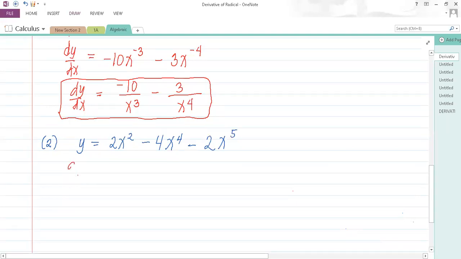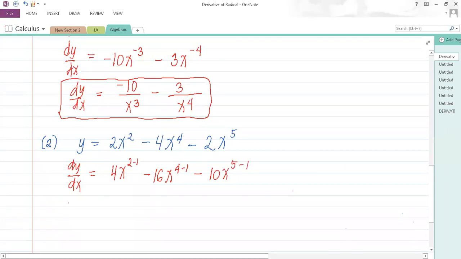So dy dx is equal to, this is 2 times 2, diba? 2 times 2 is 4. So 4x raised to 2 minus 1. Okay, so minus 4 times 4, that is 16. Okay, so x raised to 4 minus 1. Okay, and then we have 5 times 2, that is 10. So minus 10x raised to 5 minus 1.